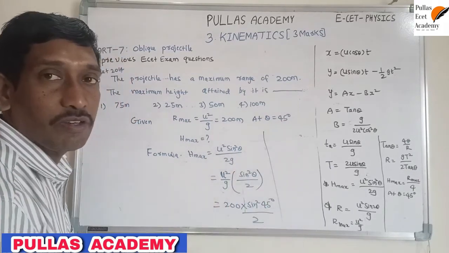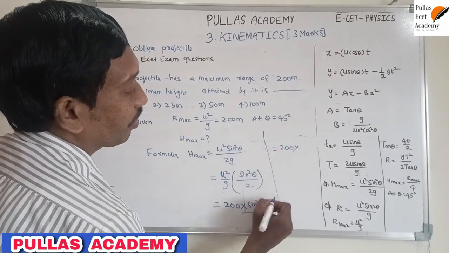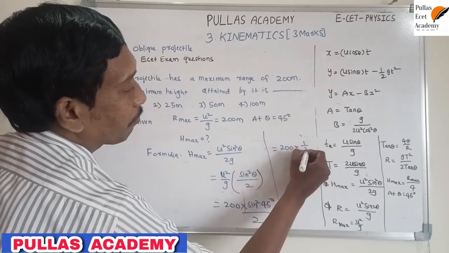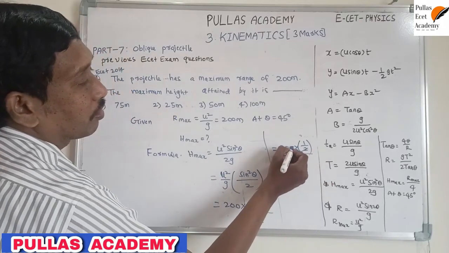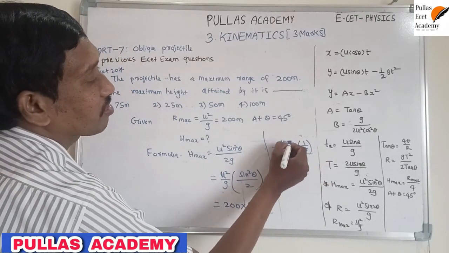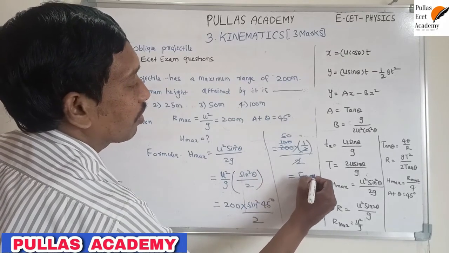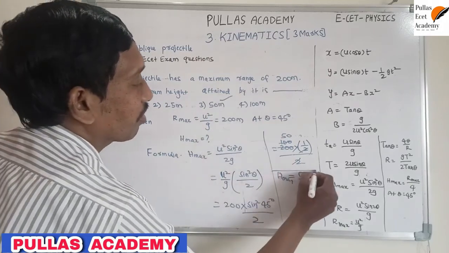After simplification you get it. 200 into sin 45 degrees, which is 1 by root 2, whole square. 1 by root 2 whole square is 1 by 2, then by 2. Now 2 hundreds, and again cancel, 50s. That means the answer is 50 meters. H maximum is equal to 50 meters. This third option is correct.